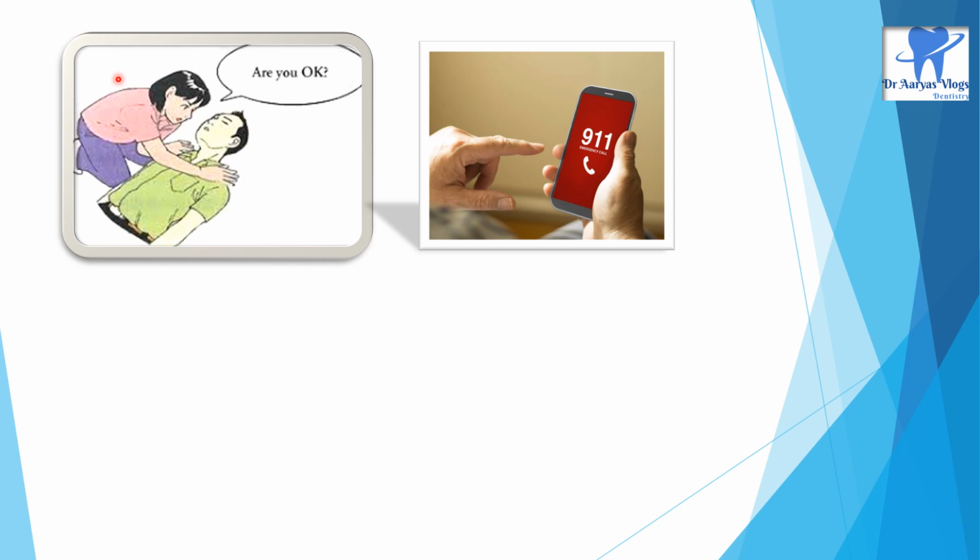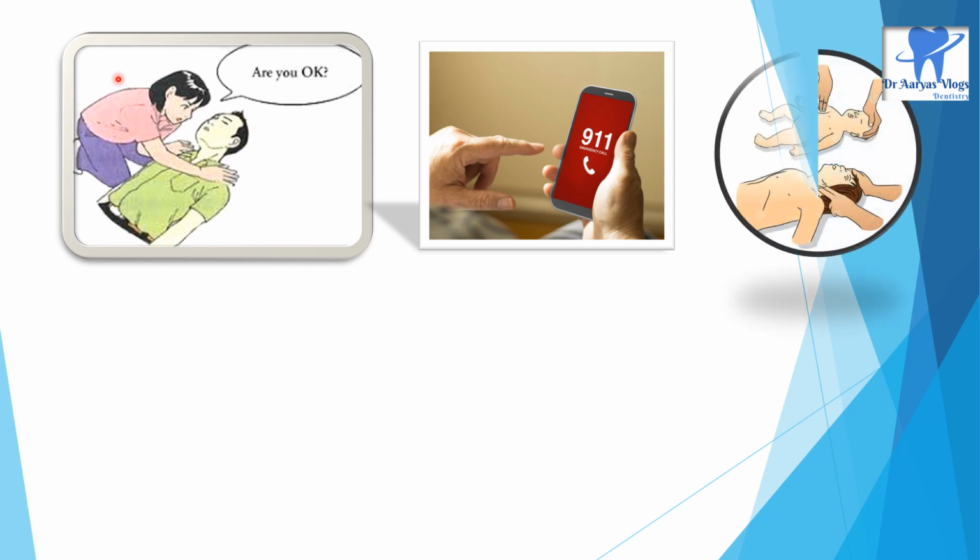Tell the patient, are you okay, and shout or tap the victim's shoulders. If the victim is not responsive, then activate the emergency response system via a mobile device and get the AED or send someone to do so.